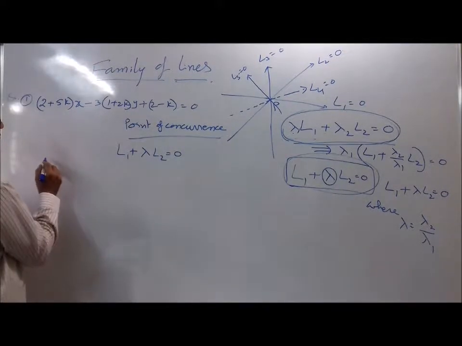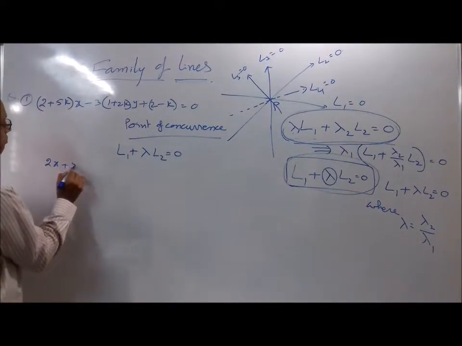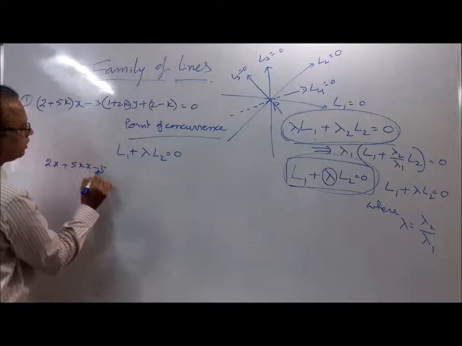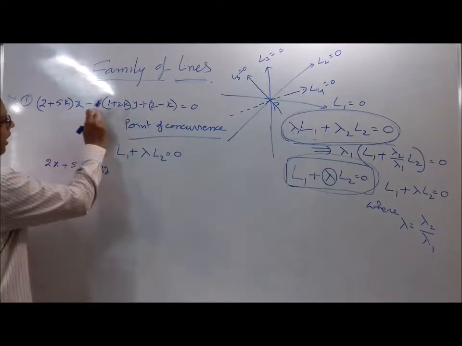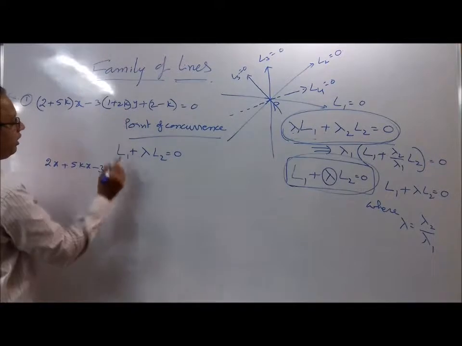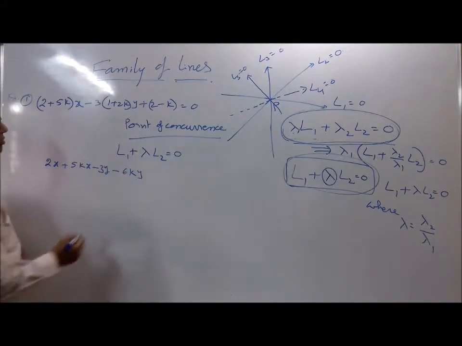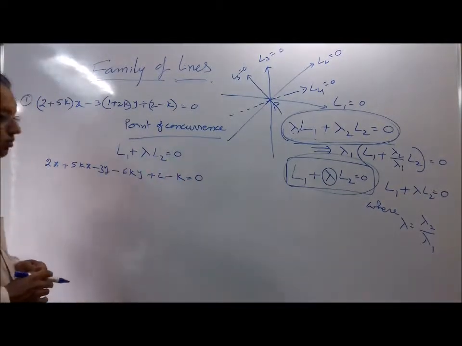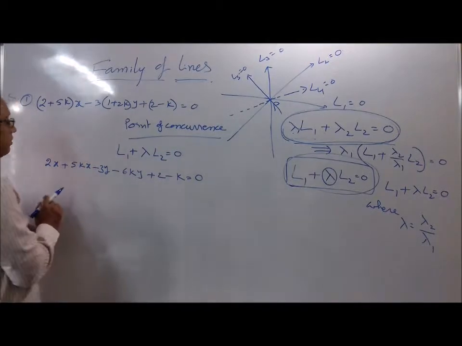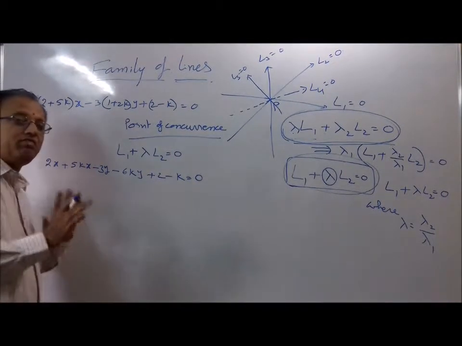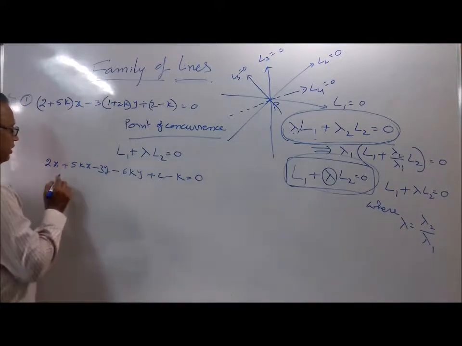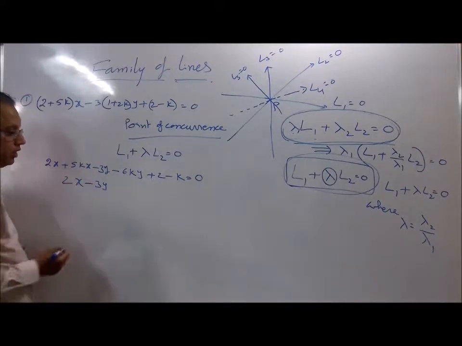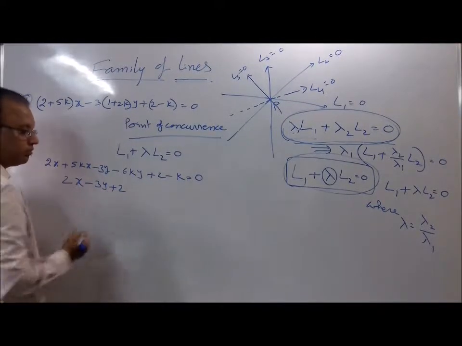Open the brackets: 2x minus 3y plus 5kx minus 6ky plus 2 minus k equal to 0. I have to take the terms without k and with k separately. 2x, here also k is not there, take that one. Here also k is not there, take that one.